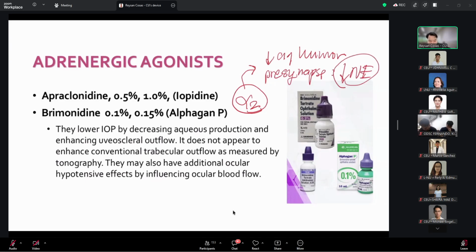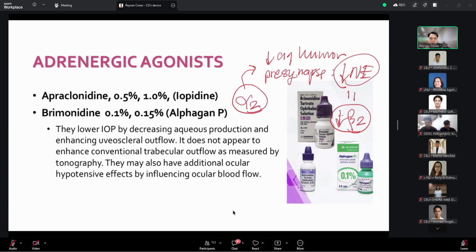So kapag bumaba si norepinephrine, that would also lower the amount of norepinephrine available for receptor activation in the beta-2 receptor, which is found in the ciliary epithelium. So that would also decrease the secretion of aqueous humor altogether.